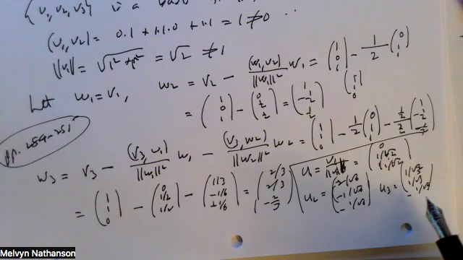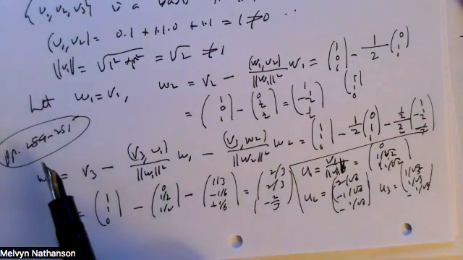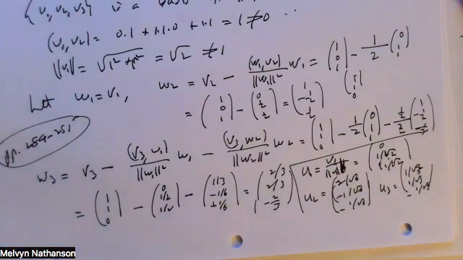So if I do the arithmetic correctly, I get U3 is 1 over root 3, 1 over root 3, minus 1 over root 3. And this is all done neatly in the book on 284, 285.